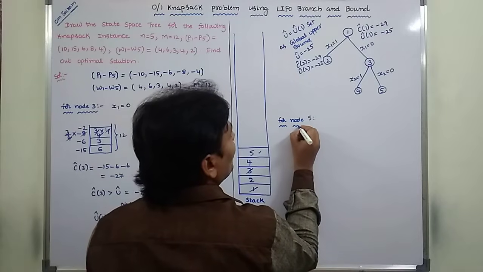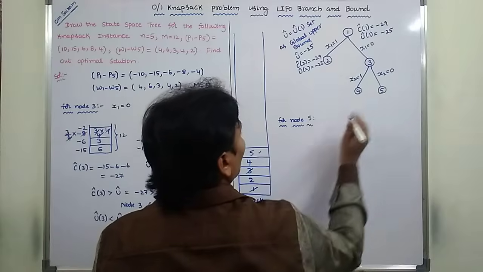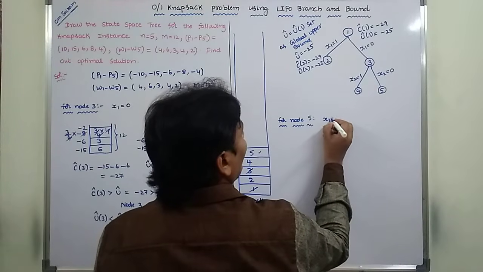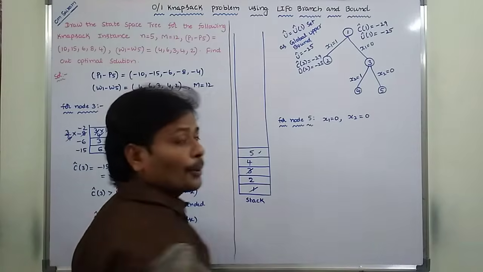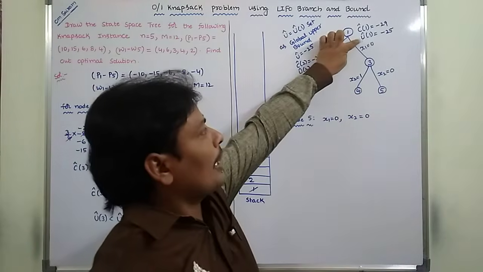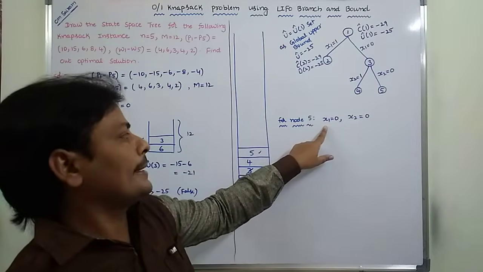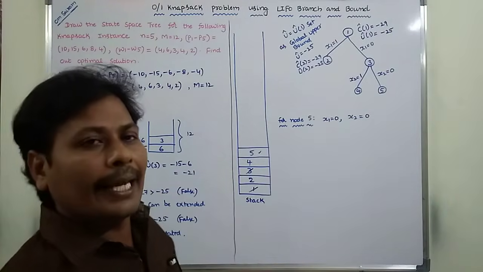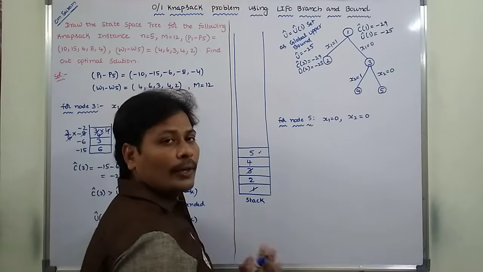How are we reaching node 5 from the root node? Here x1 is equal to 0 and x2 is equal to 0. What is the meaning of that? The first object is not considered and the second object is not considered.